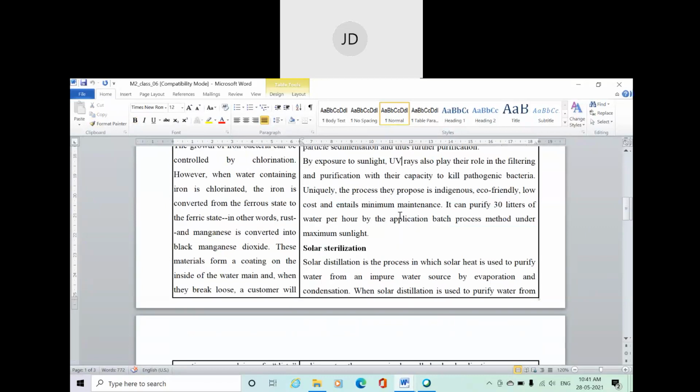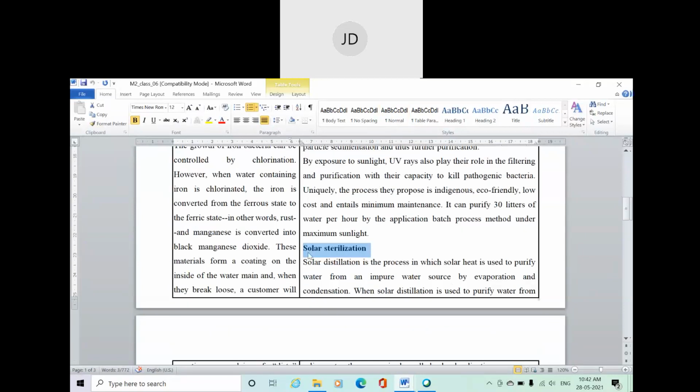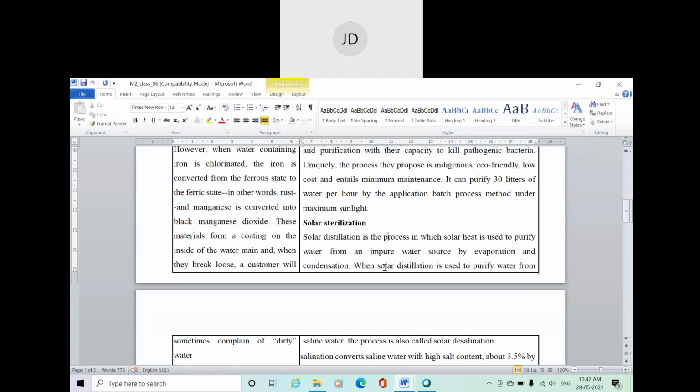Next, solar sterilization is a part of utilizing sunlight. Why it's highlighted here is that solar sterilization is done for saline water. To purify saline water, like seawater, solar sterilization can be used.